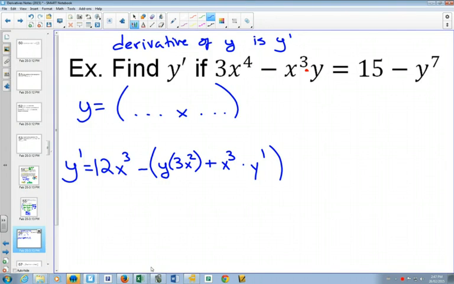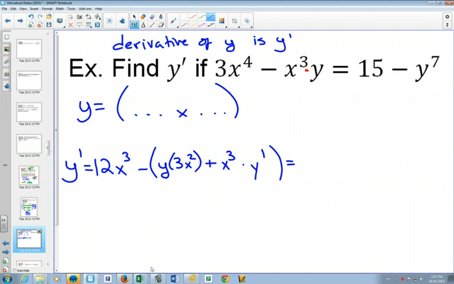The derivative of y is y prime. The derivative of y is dy dx. So when I need to do the product rule here, and at this point I need to do the derivative of y, I just write y prime.